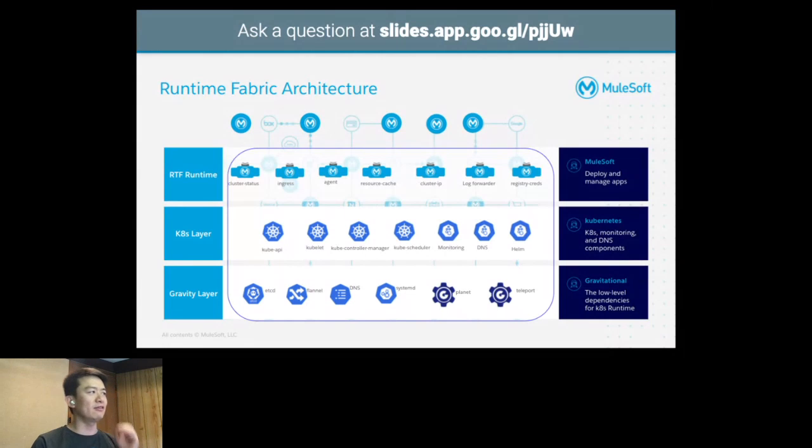And then we install the RTF components. We call it the RTF runtime environment. In this layer, we have the agent, Ingress, resource cache, and all these are required to manage and deploy your applications. The agent is a component that keeps communicating with the control plane.